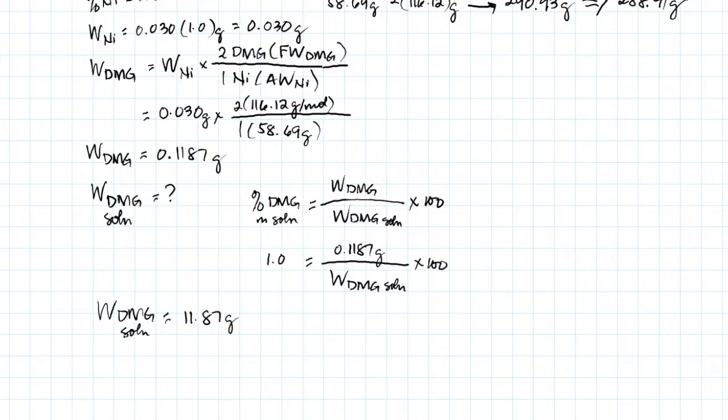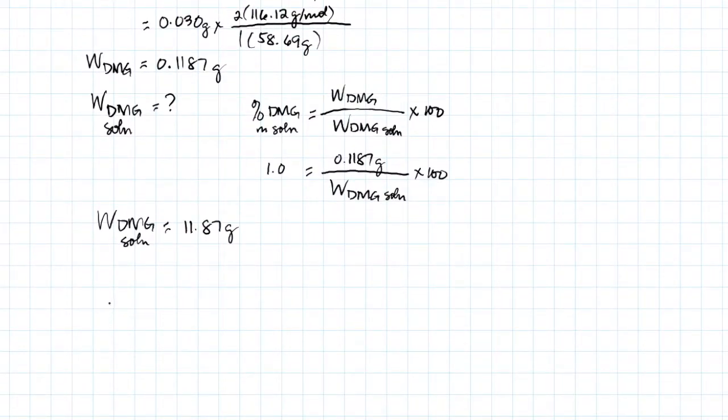Next, we need to solve for the volume of DMG solution. We can get that from the density. So we have here density of DMG solution. That is equal to the weight of your DMG solution divided by the volume of DMG solution.